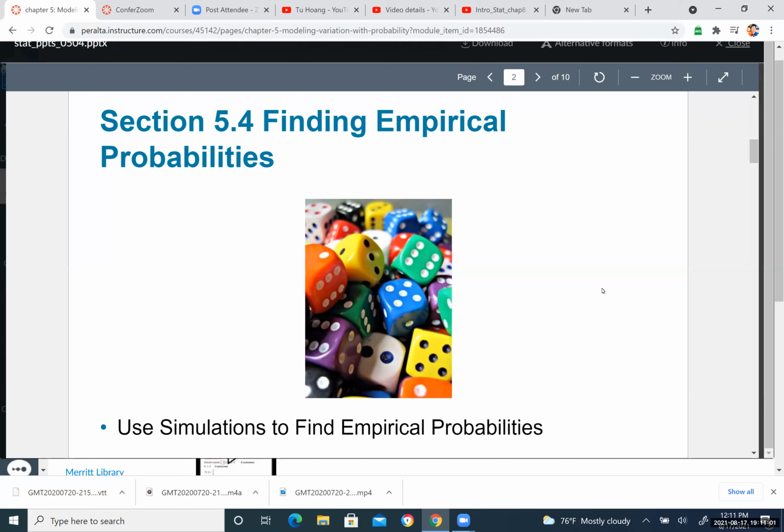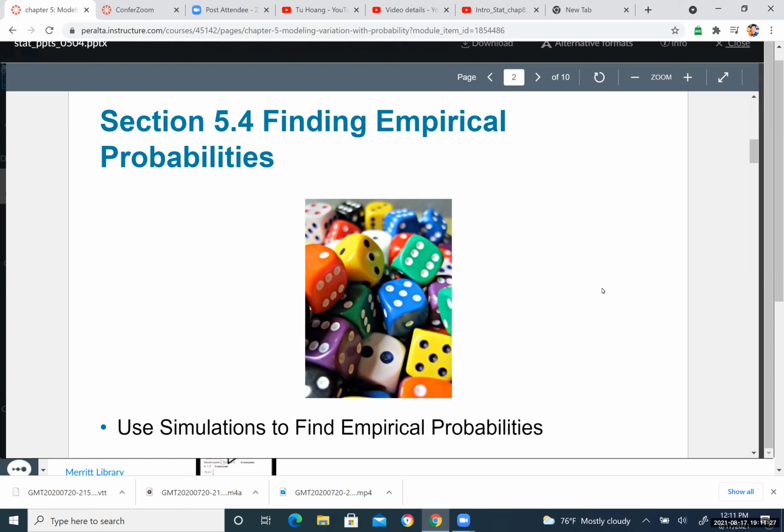To find the empirical probability, we record all your observations, the number of successes from your observation, divided by the total number of trials or total outcomes.